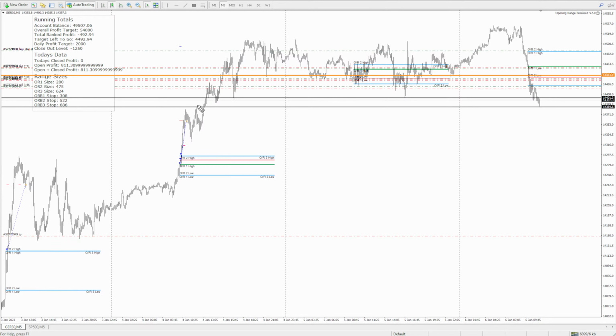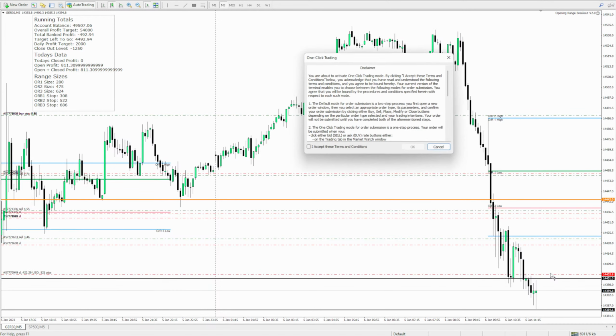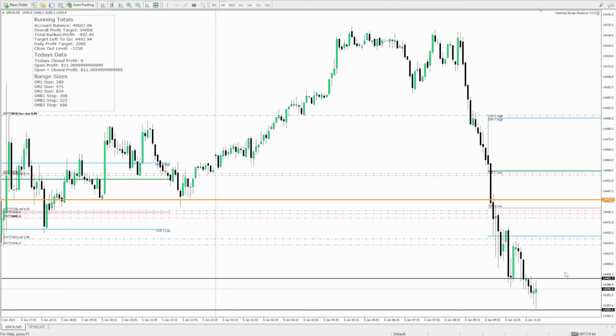Funny that, isn't it? I think I'm going to manually move these stops. I shouldn't really intervene, but I am. I don't care. It's my money.